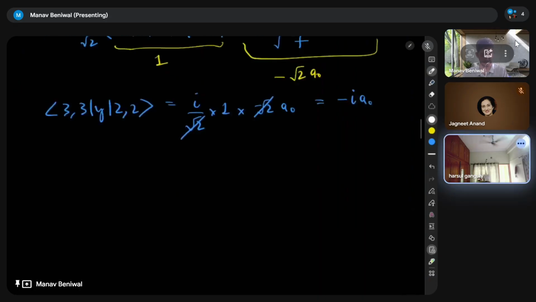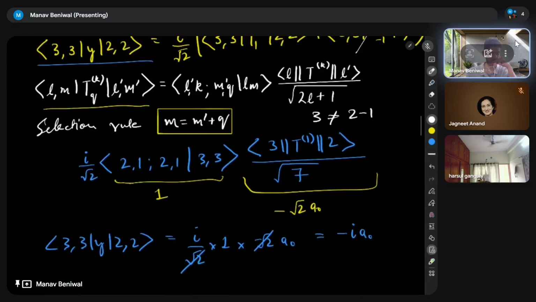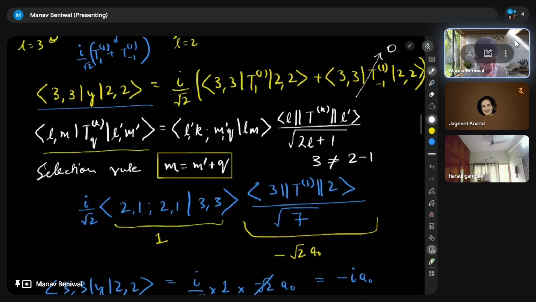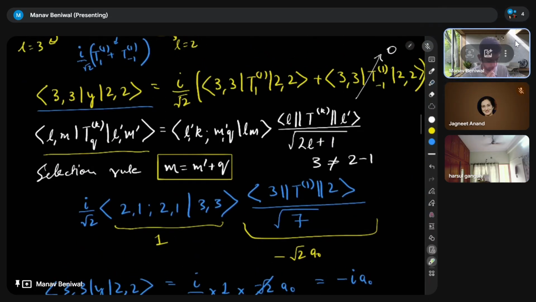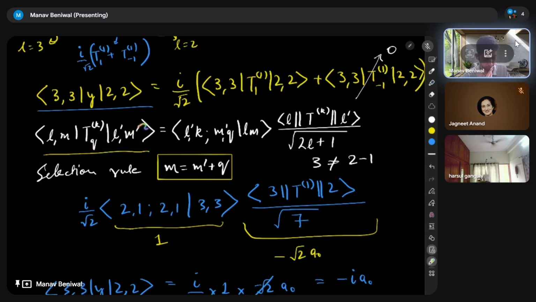Sir, you wrote 3 not equal to 2 minus 1. Yes. So here, compare this second term. I was talking about this one. What is the value of Q? Compare this with this. You can see Q is minus 1, and this M prime is 2.